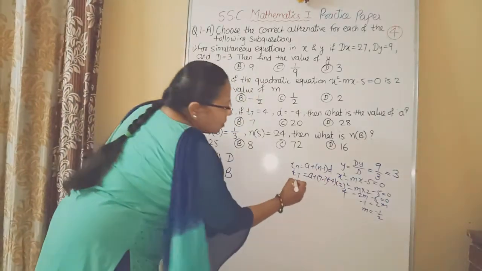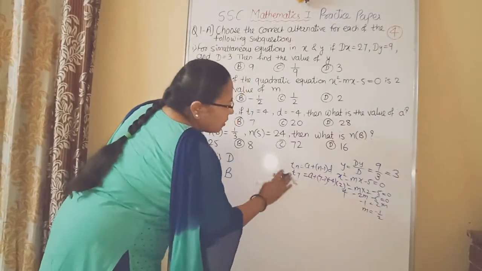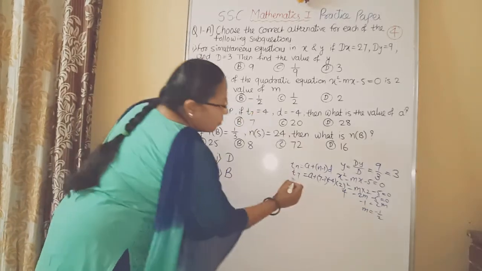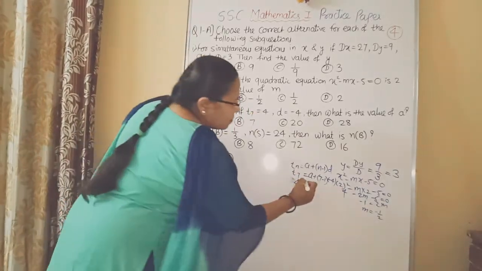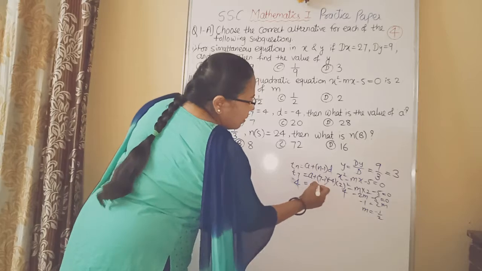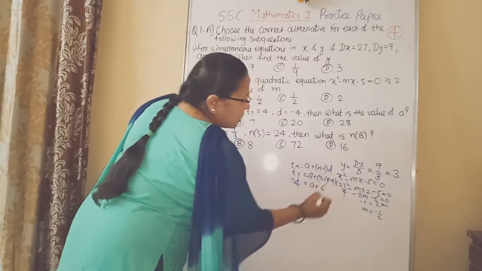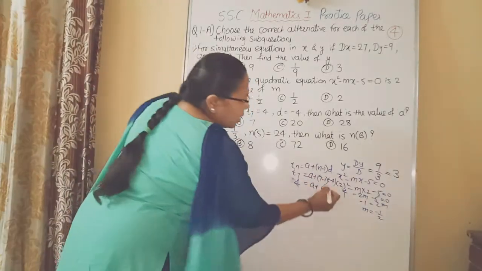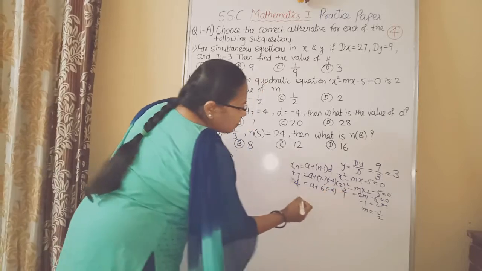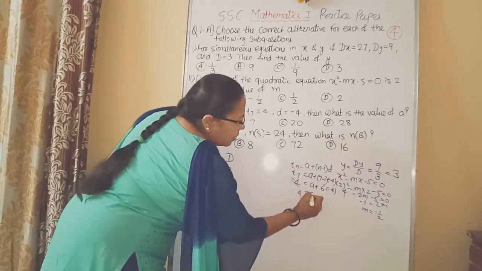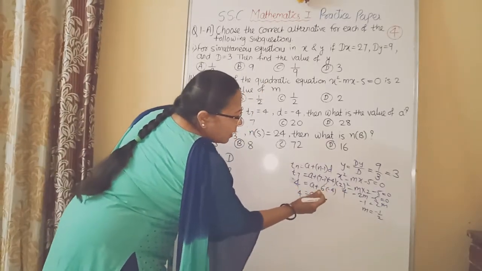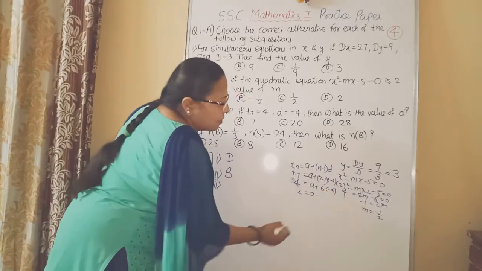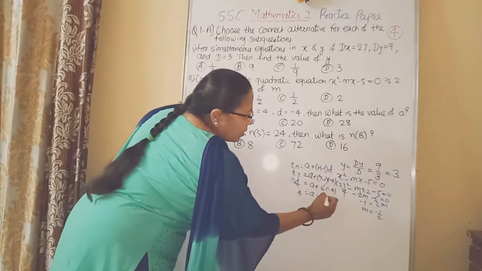T7 is given as how much? 4. So write here 4 equal to A plus 7 minus 1, which is 6, into minus 4. Now plus into minus is minus. 6 fours are 24.